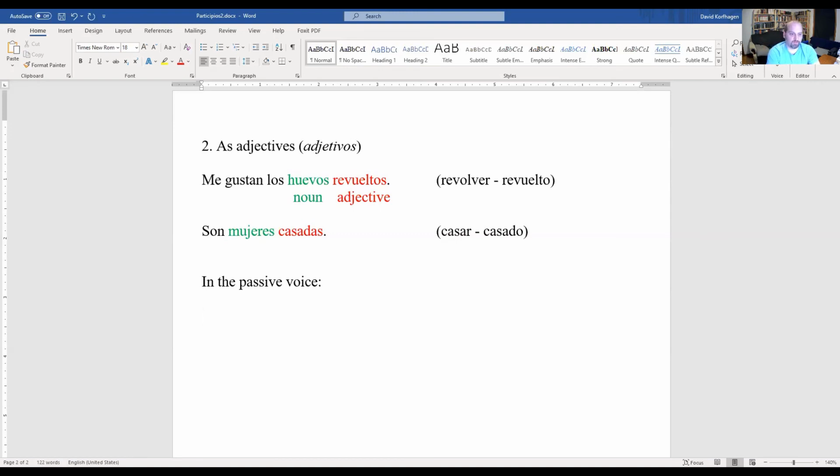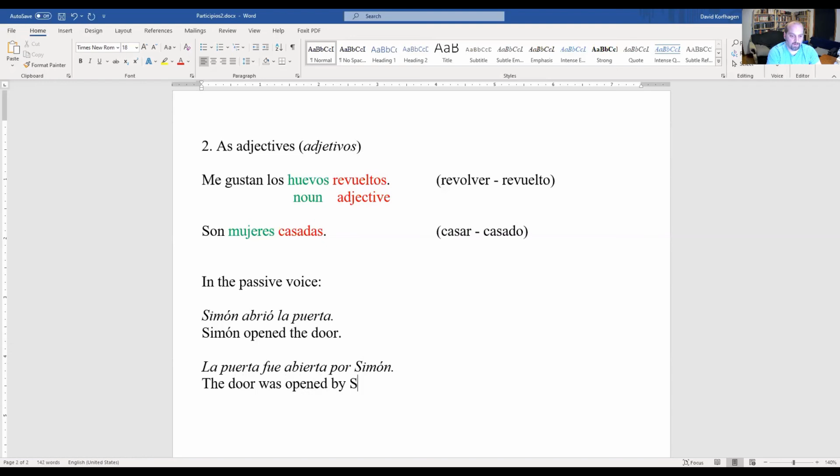But just for the moment, let's take Simón abrió la puerta. Simón opened the door. So that's active voice. Now let's make it passive, right? It's going to be la puerta fue abierta por Simón. The door was opened by Simón.